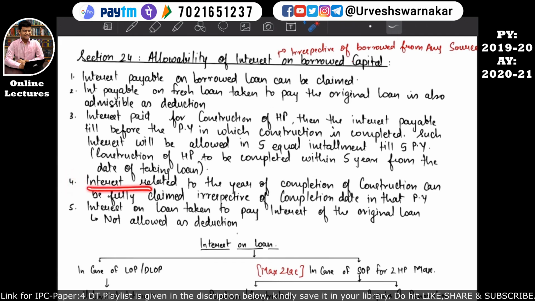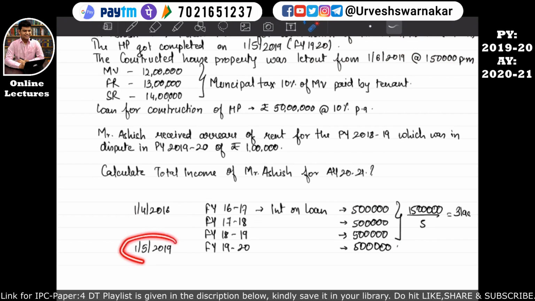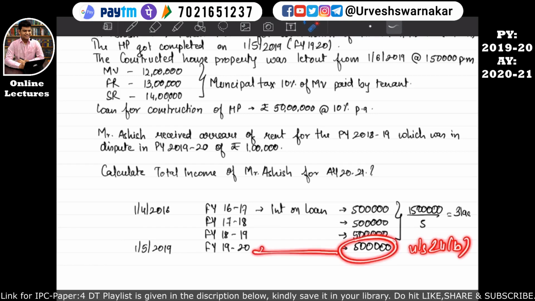Point number 4 says that interest relating to the year of completion of the construction can be fully claimed irrespective of the completion date in that previous year. So that point is saying since our house property got completed on 1st of May 2019, then this 5 lakh will be allowed as deduction under section 24 subsection B 100% in the previous year 1920 along with this 3 lakhs of interest.